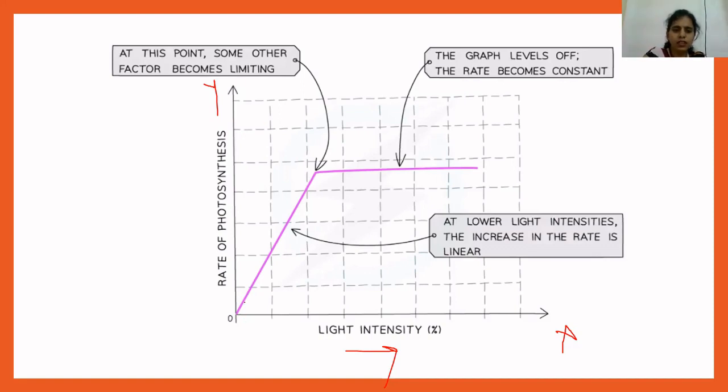Initially, as the light intensity increased, the rate of photosynthesis also increased. But after a certain point, the rate of photosynthesis became saturated, or the graph levels off. Why? Because at this point, some other factor like the amount of carbon dioxide or water present around the plant has become the limiting factor.